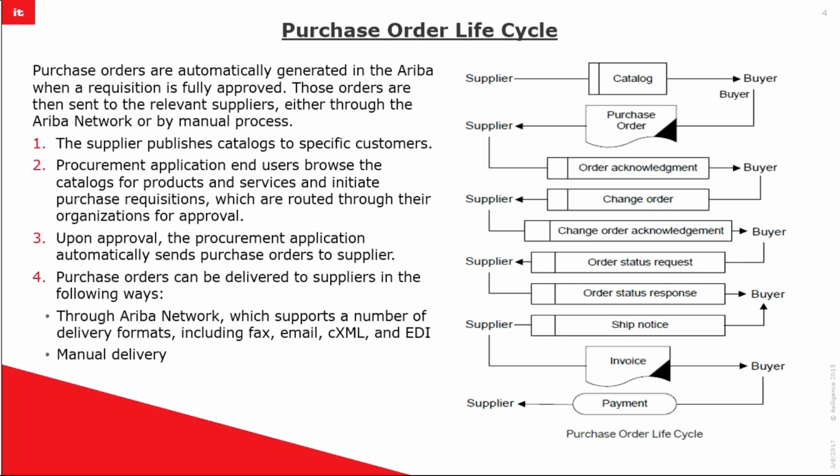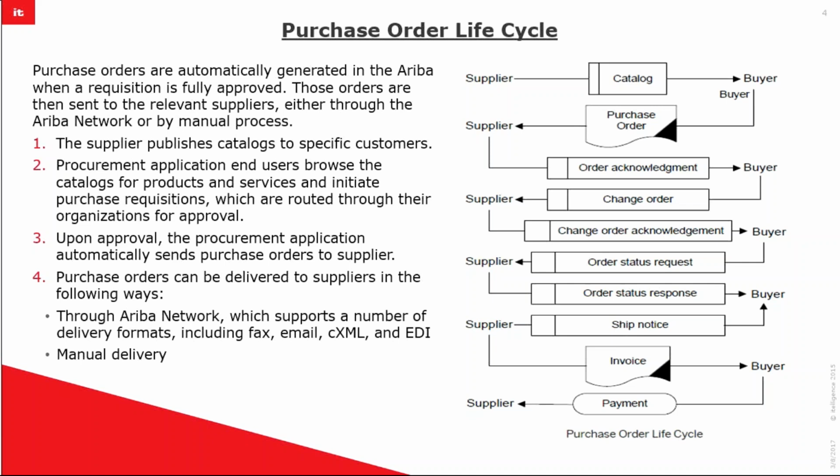And non-catalog items. Sometimes our requirement is something very typical, where we have to specify that this item should be of this configuration or this size, which is not there with the supplier. So when we specify it clearly, then only they'll get to know, okay, this is the requirement.